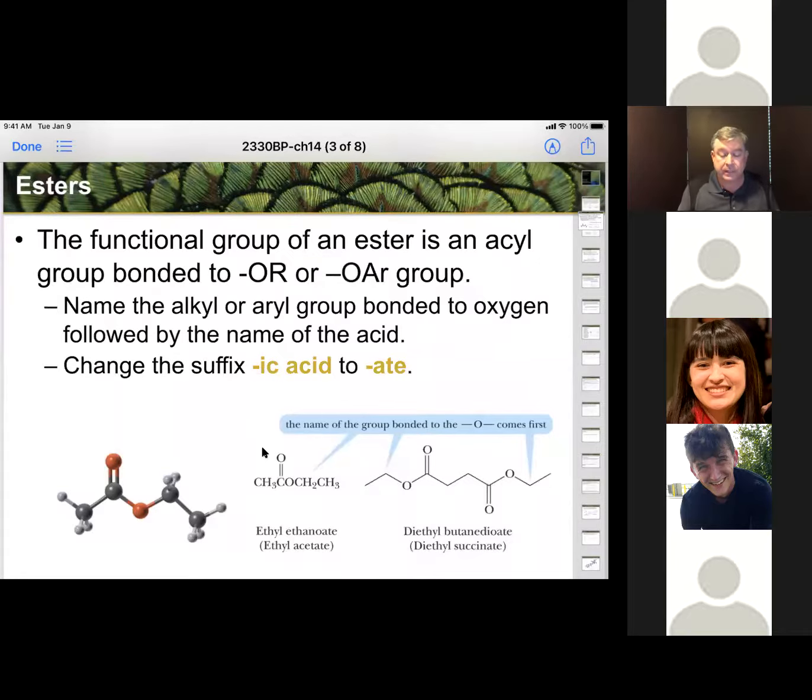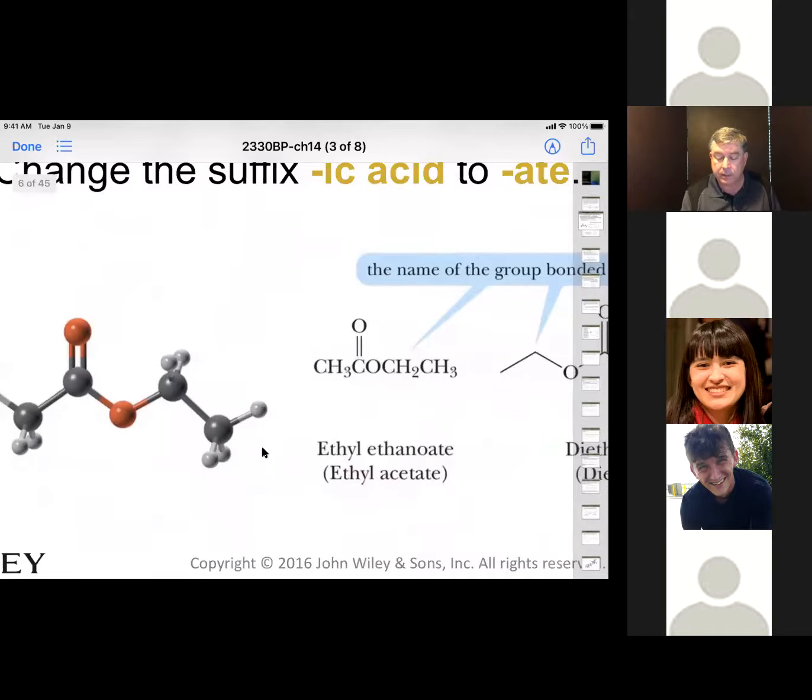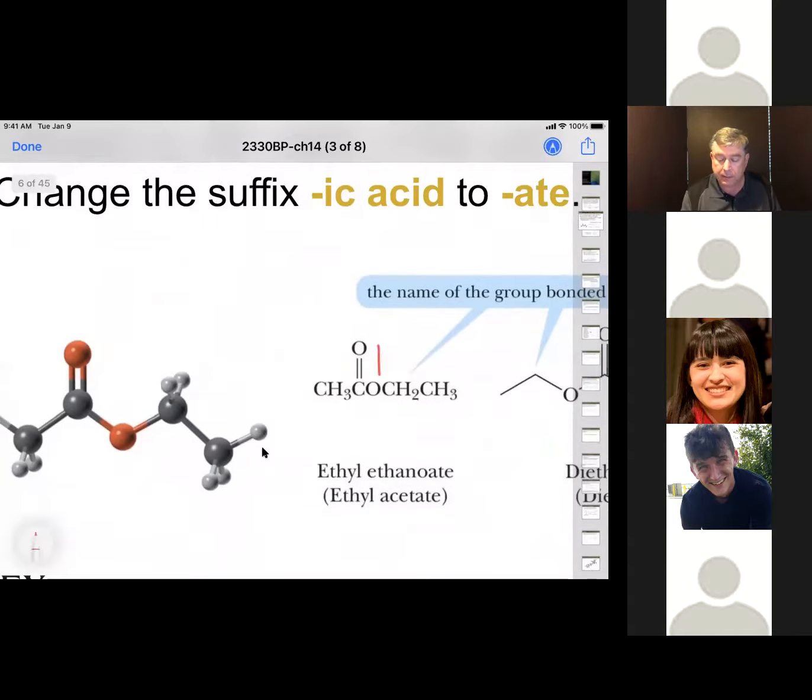So in this case, this part right here is ethanoic acid. So we have ethanoate as our ester portion, but we have to name the substituent. So this is the two carbon, so that's the ethyl group. That's the substituent on our ester. So we have ethyl ethanoate.